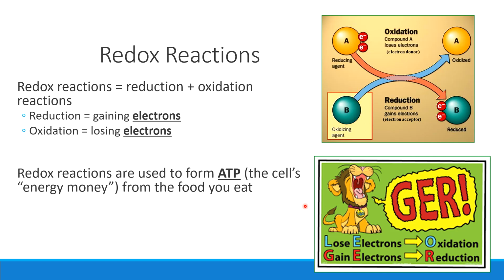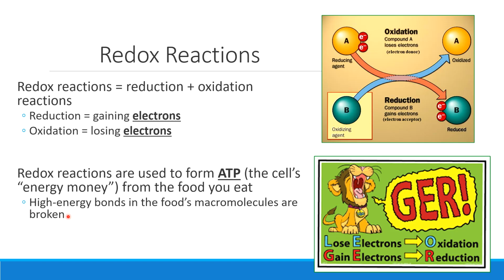Redox reactions are the type of reaction that our body does to help us form ATP. And like I mentioned, ATP is our cell's energy money. This is what we need to power our life. How the redox reactions in metabolism work is we start off with high energy bonds that are found in your foods, so in your carbohydrates or in your lipids. First, I break those bonds.